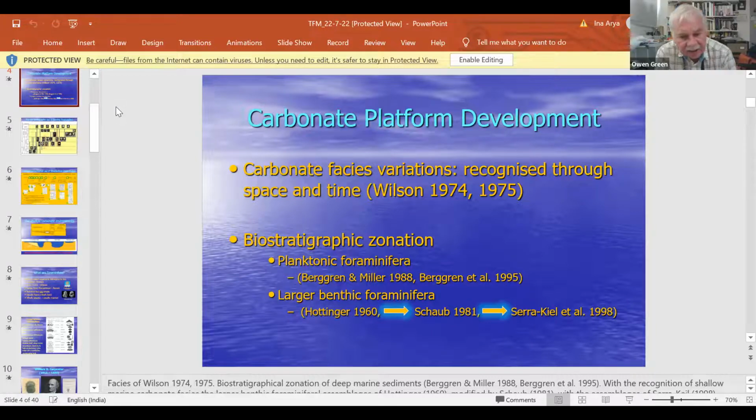And then we've got the larger benthic foraminifera, of which Lucas Hottinger in the 60s is probably one of the first micropaleontologists to really explore how these can be used. And then there's been later work developed on there, which again, I'll make reference to later on. Okay, next slide, please.